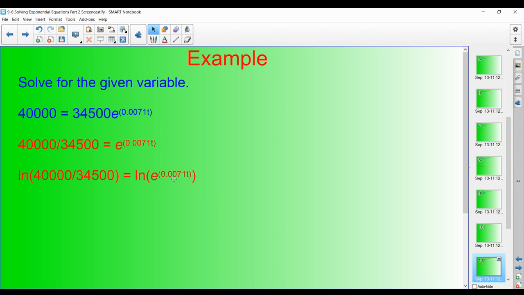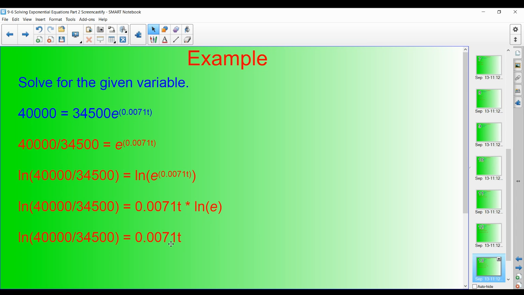Still going to use the power property by moving the exponent out front. And now I have the natural log of e. The natural log of e is 1 because they undo each other. Base e, e to the first power is e, so this whole term is 1.